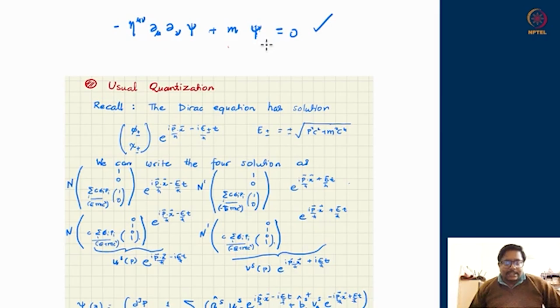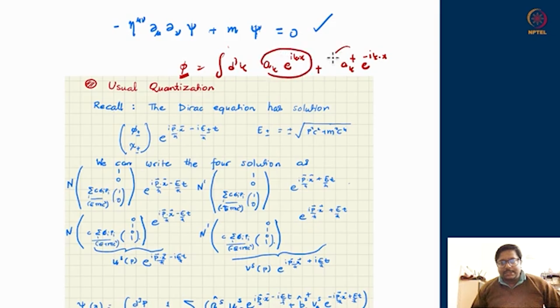In the real scalar field, remember the coefficients of e to the power ikx and e to the power minus ikx were Hermitian conjugates of each other in order to give you a real phi. So this d3k integral gave rise to a real phi.